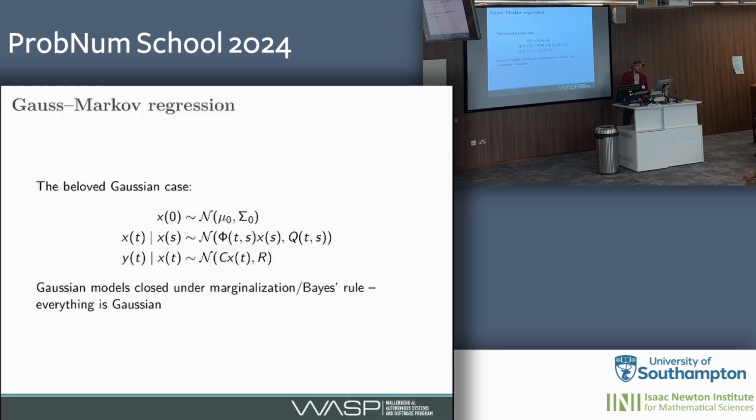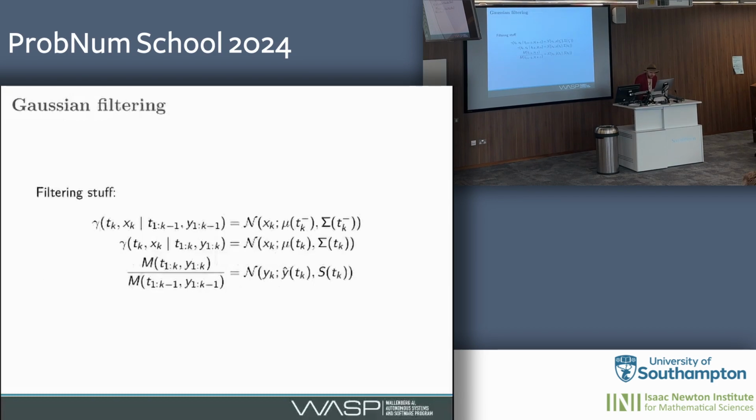Now, note that in all the manipulation of densities I did before, I only did marginalization and conditioning, or Bayes' rule. And Gaussian models are closed under all of these things, which means that all of the things I care about are going to be Gaussian. So, to look at what happens in the filtering case, I'm going to denote the prediction density by a normal with a mean mu and a covariance sigma evaluated at a time point.